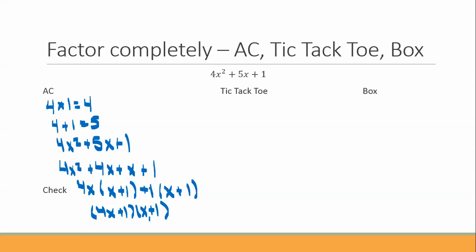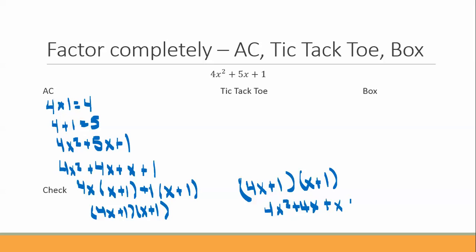Because I forgot to in the last slide, let's check our answer here, and then we'll do the tic-tac-toe method. So multiplying this out, we have 4x plus 1 times x plus 1. 4x times x is 4x squared. 4x times 1 is 4x. 1 times x is x.